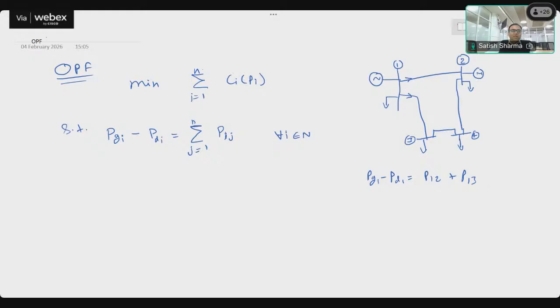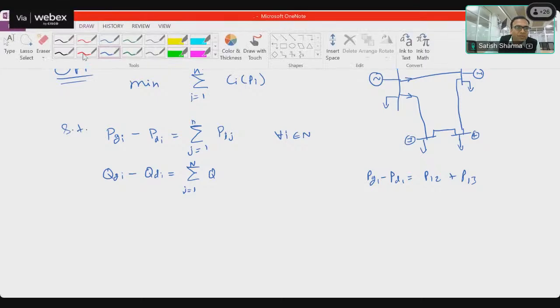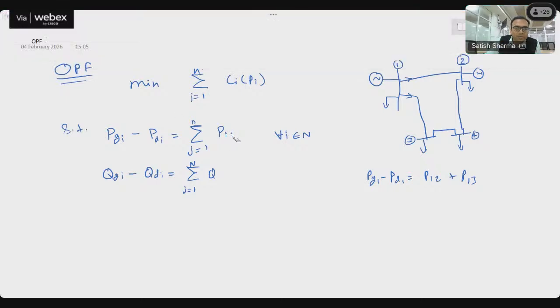Then the other part: some reactive power flow will also be there. So I can say QGi minus QDi will be equal to the summation over J equals 1 to n of the reactive power flow. Let me just change these values, just to see that these are power flows.